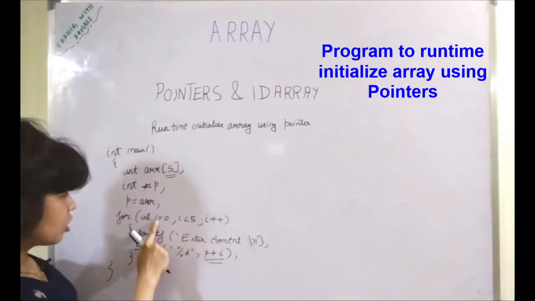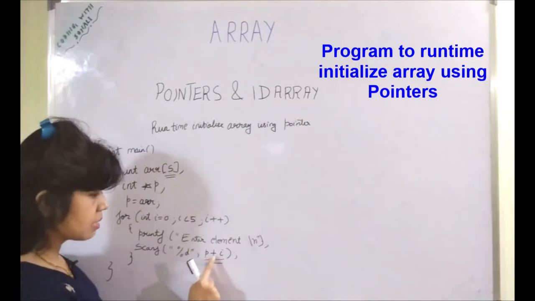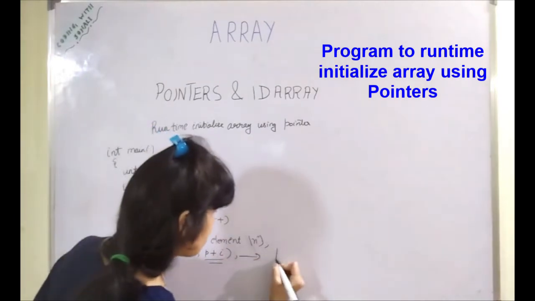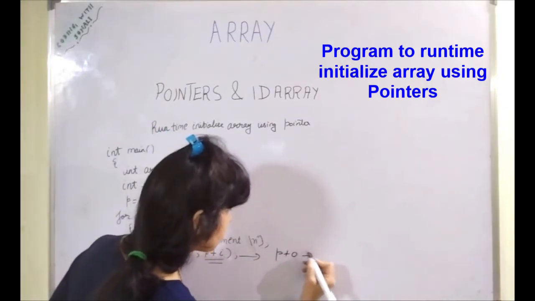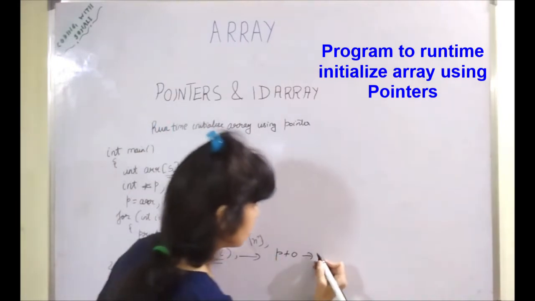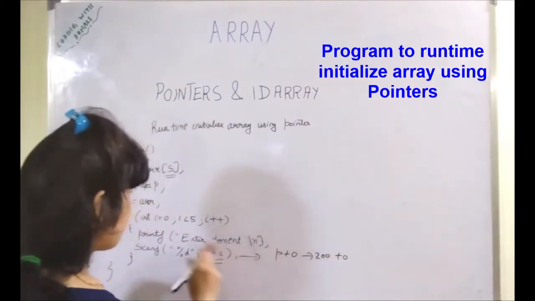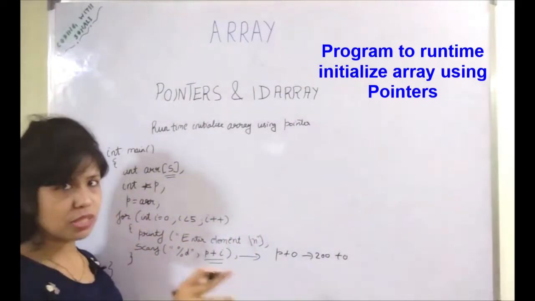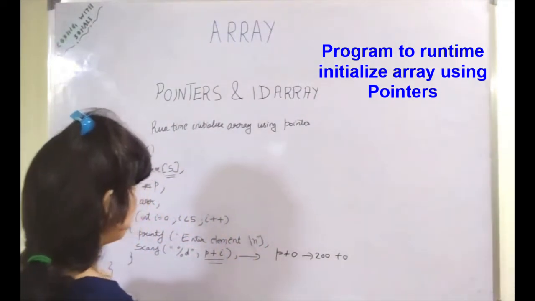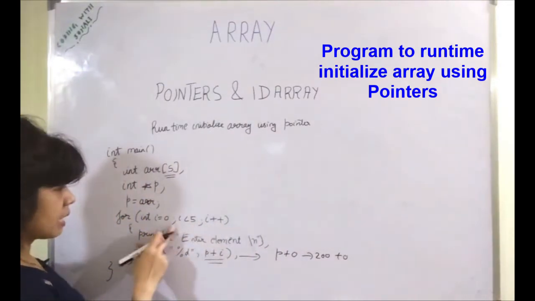Initially I is equal to 0, so this will be p plus 0. Suppose the address is 200, then 200 plus 0. At this address, I am collecting the value which the user is entering on the console. Then the next time I gets incremented, I becomes 1.